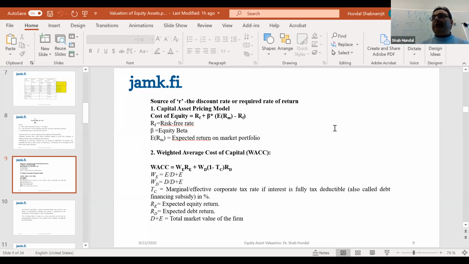The picture should be completed with the help of debt. When I include debt, of course I have one part, which is equity, fine.